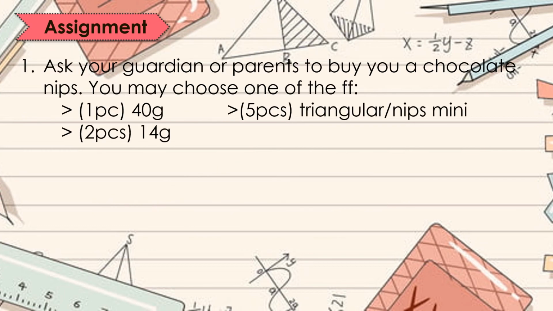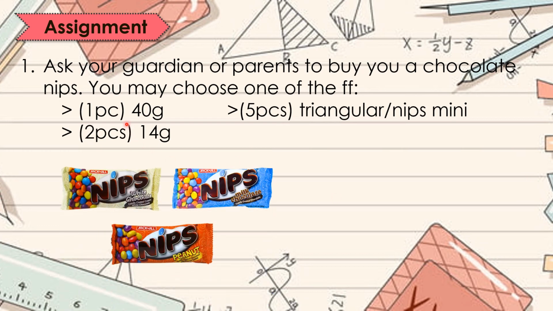For your assignment, tignan mabuti ha. Ask your guardian or parents to buy you a chocolate nips. You may choose one of the following. Kung 40 grams ang bibilhin, isa lang, kahit anong flavor, white chocolate, milk chocolate, peanut, isa lang ha.